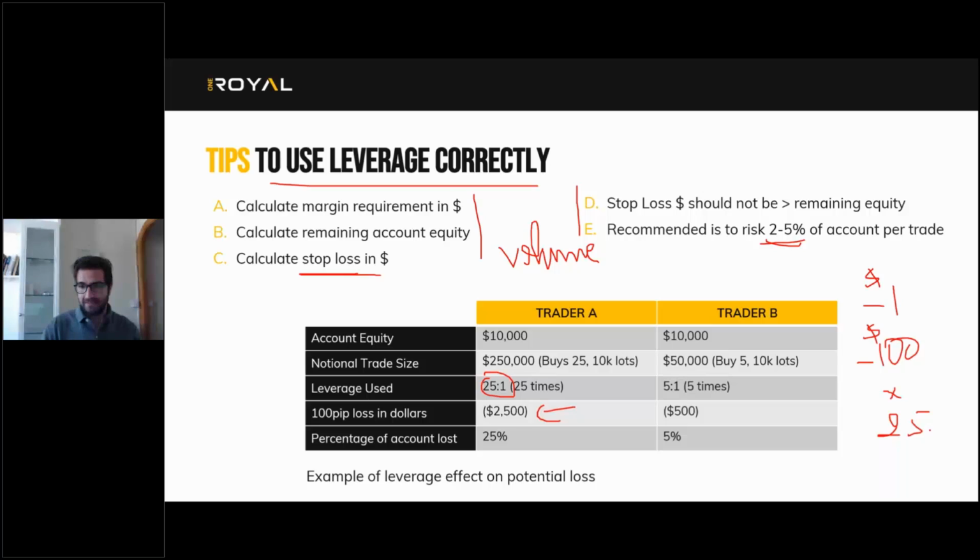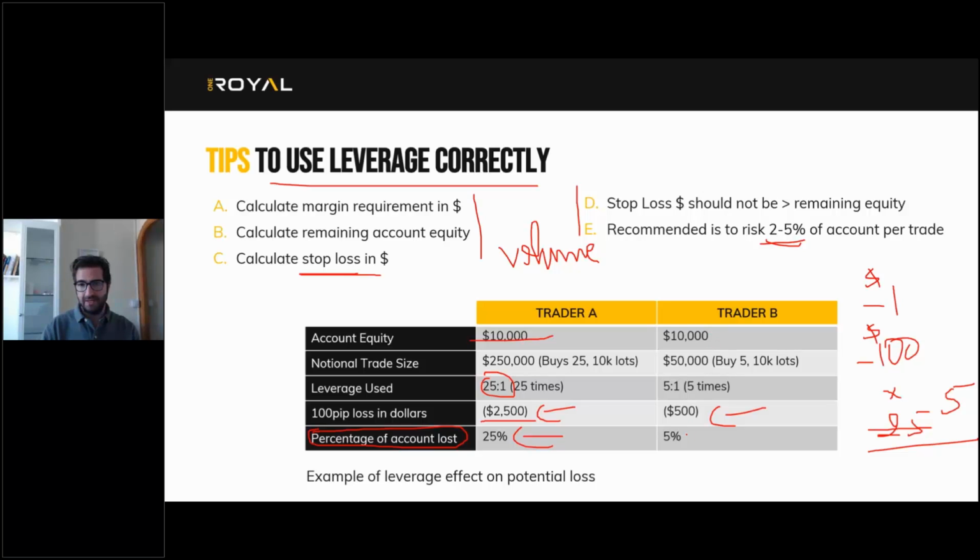Trader B didn't use a leverage of 25, he used just 5. So his losses are just 500 instead of 2,500. When it comes to how much he lost of his account, 2,500 divided by 10,000 is 25%.